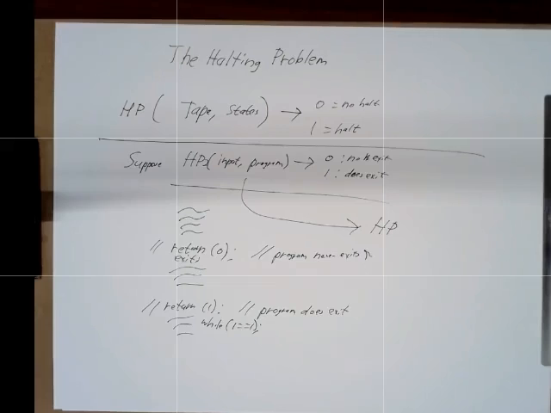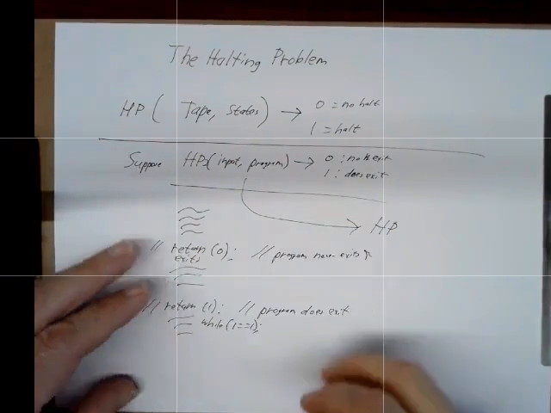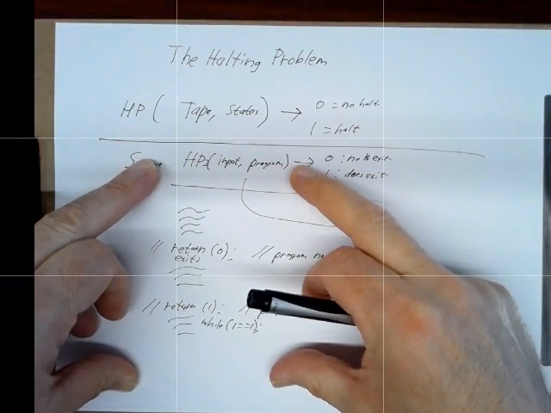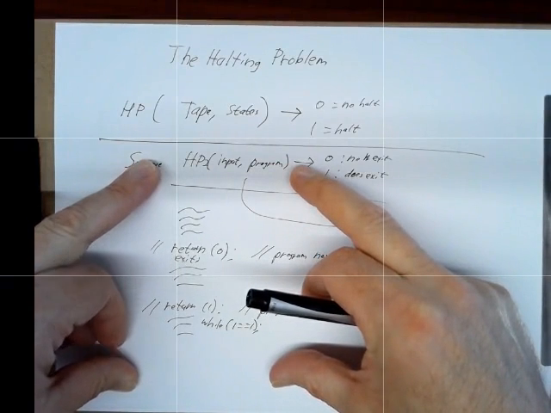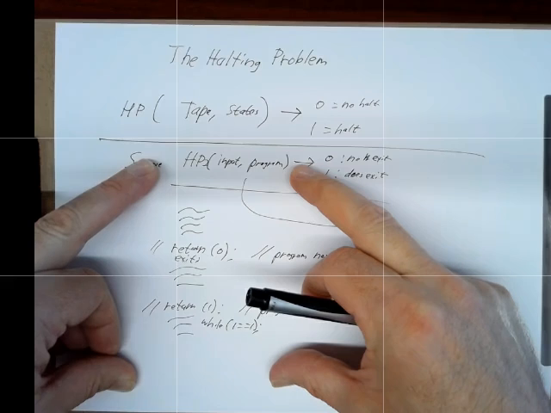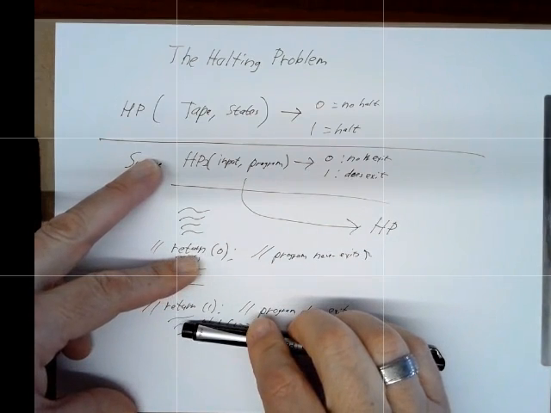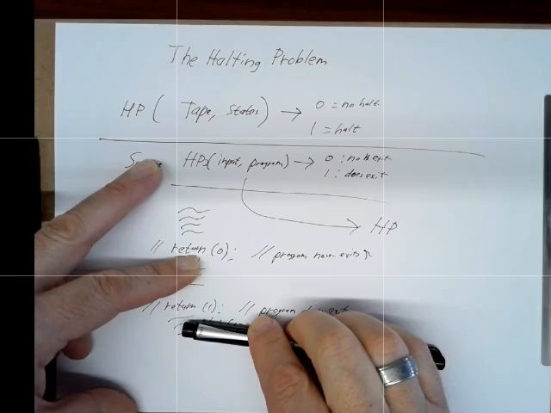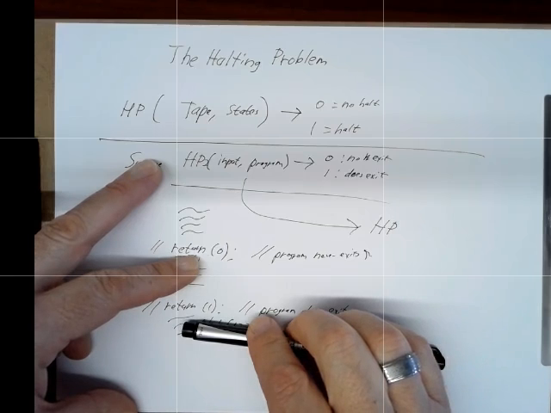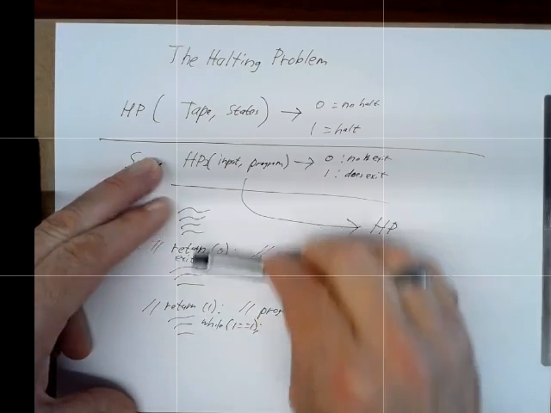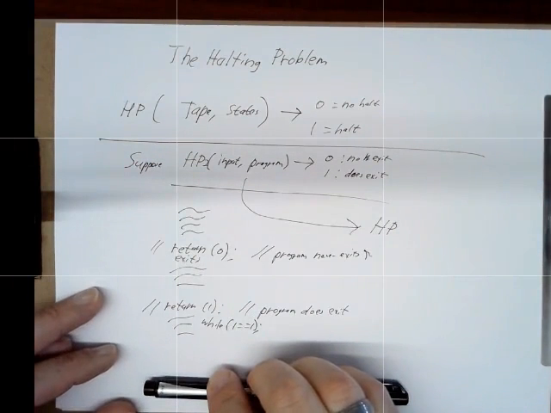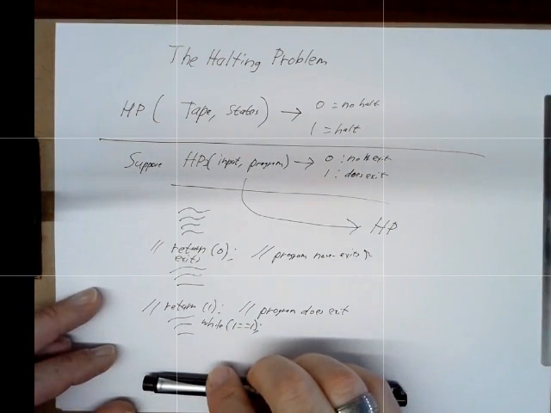The reason this is contradicting itself is because this is the actual program that's supposed to answer HP correctly. Without these changes, this is the program you came to me with and said this solves the halting problem. So if I run any program through this, it should answer the question correctly, which means if I run this program through itself, it should answer correctly.